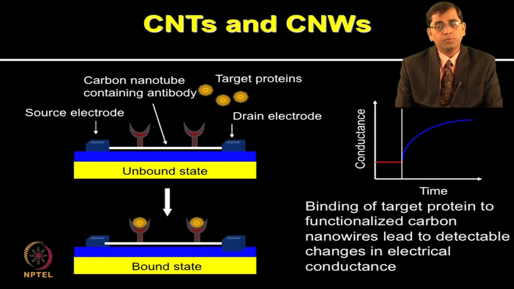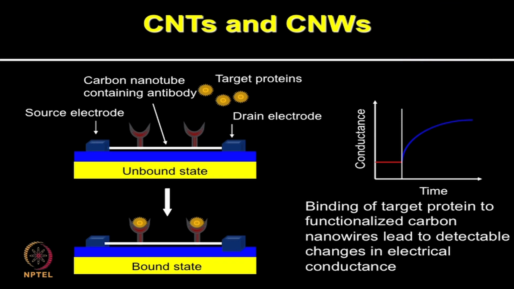The binding of the target protein to the functionalized carbon nanowires lead to a detectable change in electrical conductance, and this change in conductance is measured for detecting different types of proteins as well as small particles, including viruses. There are various applications showing the potential of this technology.